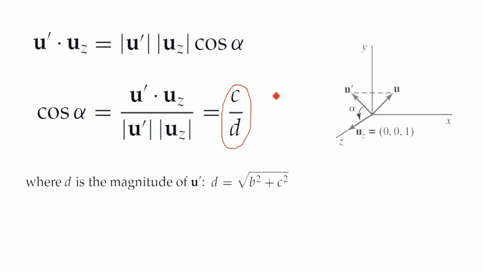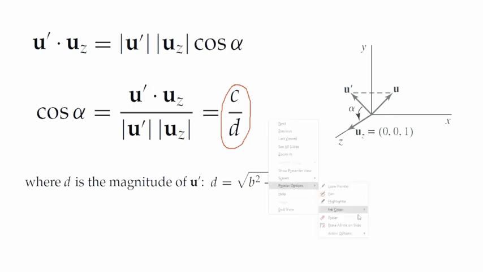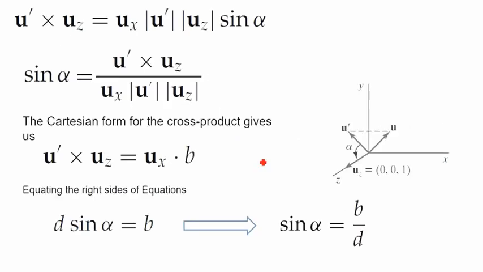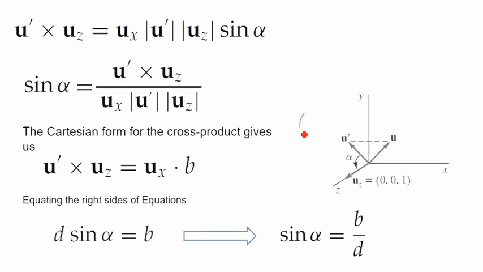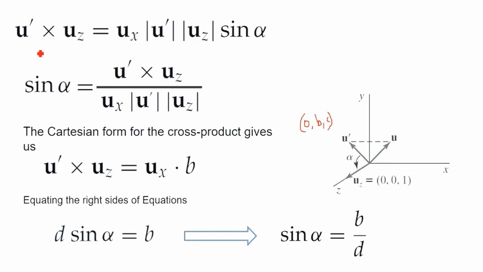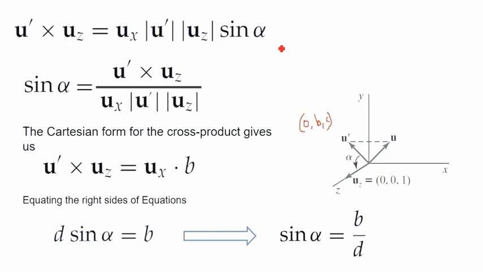Now that I know my cos alpha, let us see what my sin alpha is. To get my sin alpha, we have to perform the cross product between these two vectors, u dash and uz, 0, b, c. The cross product between these two vectors can be given as the magnitude of u dash into the magnitude of uz into sin alpha, the sine of the angle between them, into the unit vector which is perpendicular to these two vectors.